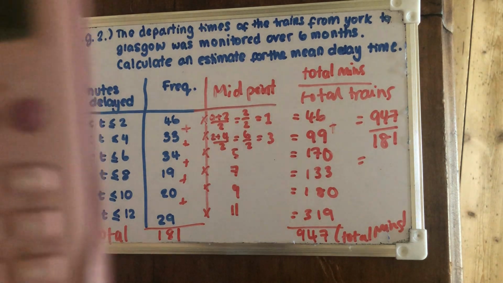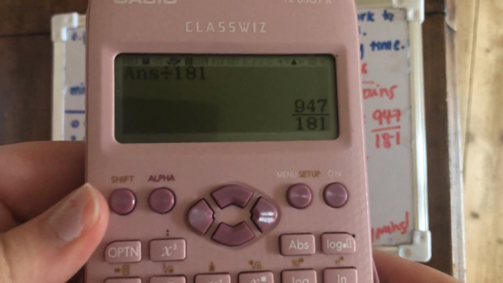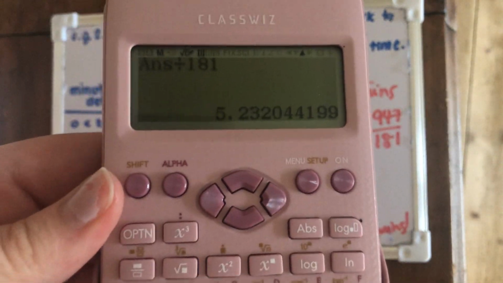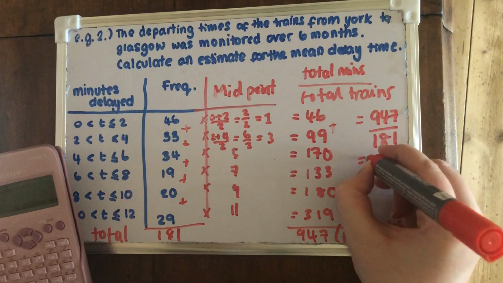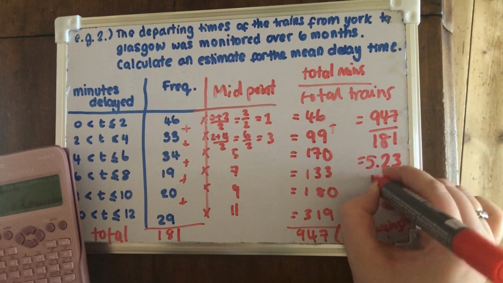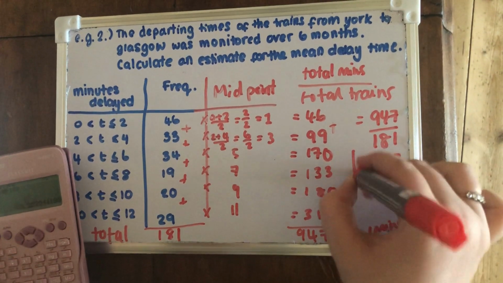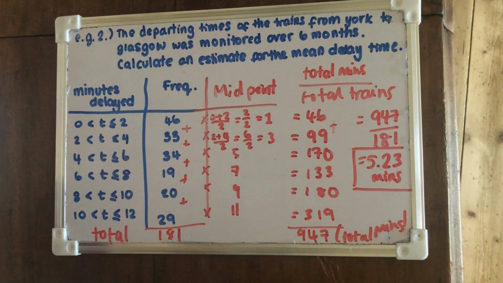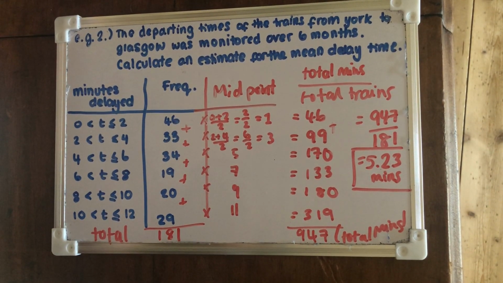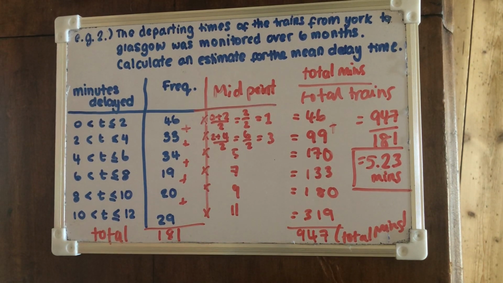Okay, so this one doesn't actually give us a nice answer, it gives us a decimal, so I'm just going to click SD. Okay, so I'm going to write 2 decimal places for this one, but again, the question didn't say, so I can just pick how many I want minutes. Okay, so what it's telling you is we've estimated that each train is on average 5.23 minutes late.